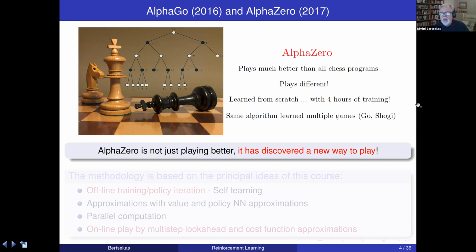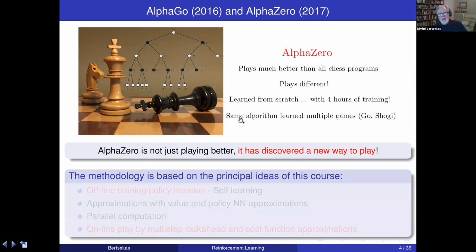So for 4 hours, it played against itself, it learned the game and learned it better than other computer programs. And moreover, its algorithms are portable in the sense that the same are used for other games like Go and shogi, the Japanese version of chess. So all of this is just extremely impressive.